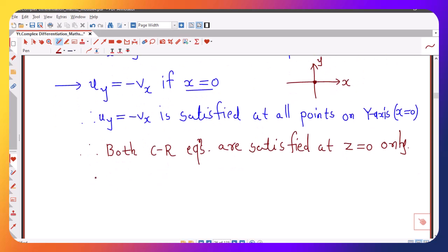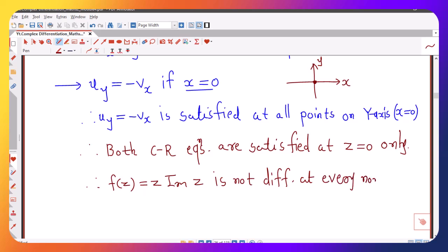Or we can say that CR equations are not satisfied at every non-zero point, or we can say that f of z equal to z times imaginary part of z is not differentiable at every non-zero point, because CR equations are not satisfied at every non-zero point in the complex plane, or we can simply write in the xy plane.